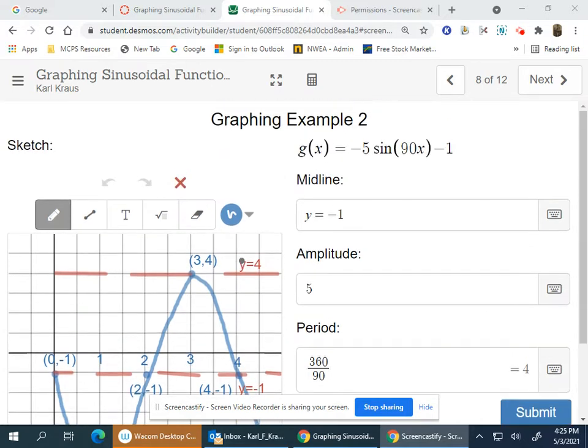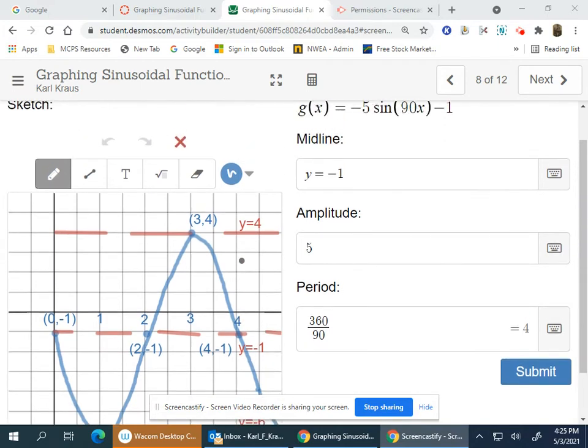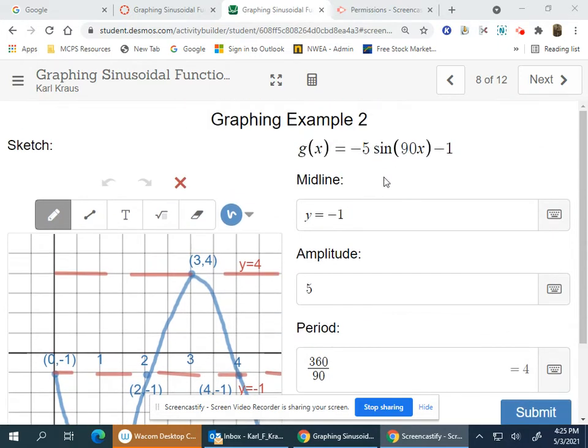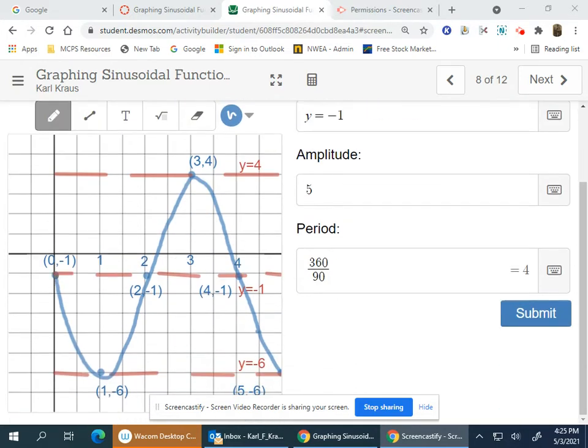These are my x values here. And then on the y, I went by 1. So the x is going by 1/2, the y is going by 1. And since this is a negative sine, start on the center line at 0, end on the center line at 4, halfway between is 2, negative 1 on the center line. And since it's negative sine, we're going to go down to a minimum first, 1, negative 6, then up to the maximum, 3, 4.